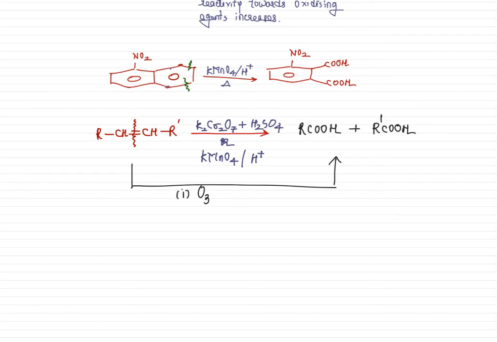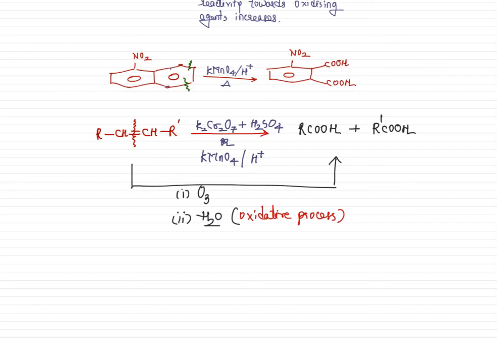In the first case, after doing ozonolysis, you get aldehydes, but if you perform hydrolysis, oxidative hydrolysis, not the reductive hydrolysis, so we don't use zinc, in that case we once again get the same products.